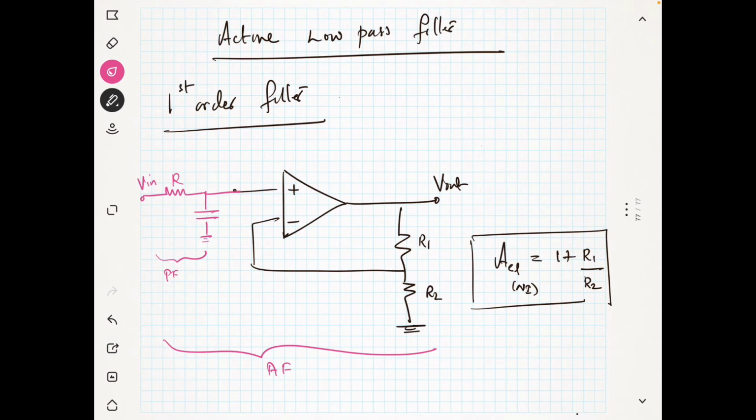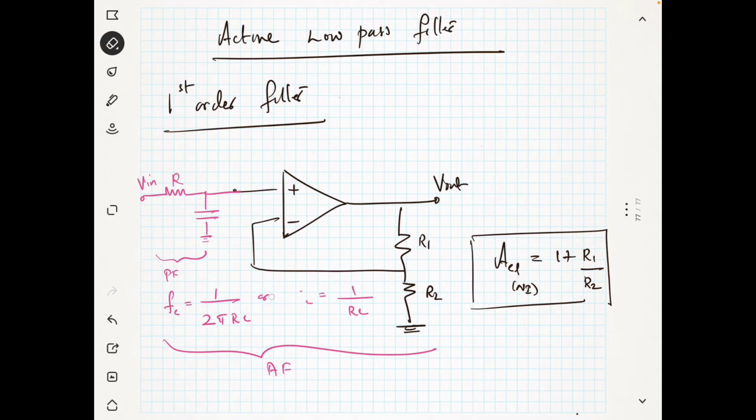And what is the cutoff frequency? I have already told you the cutoff frequency for this filter is 1 by 2 pi RC, or I can say that my omega C, that means angular frequency, is 1 by RC. Okay.